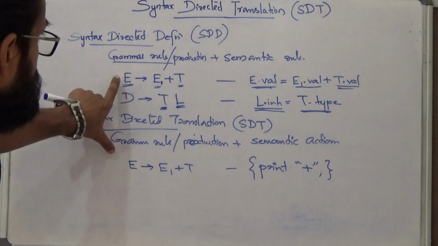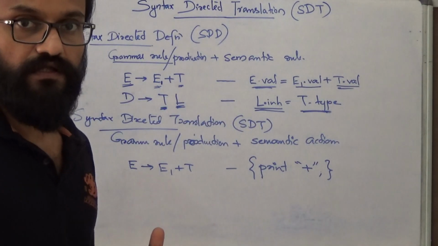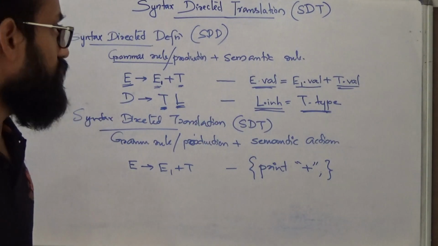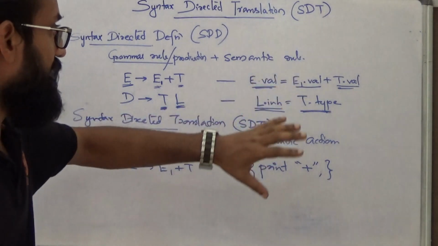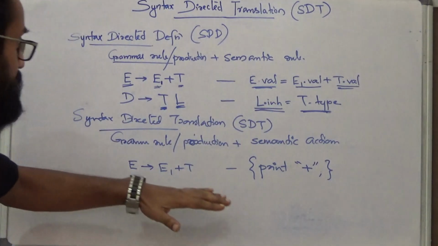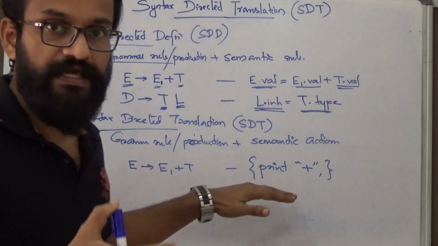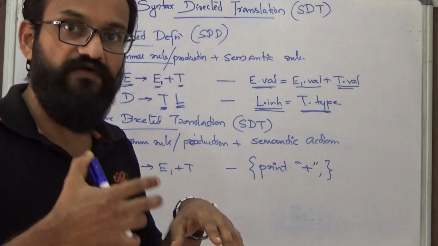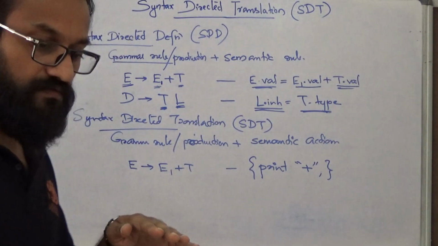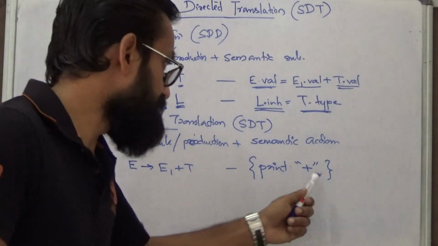What is the difference between these two? In this case, you have just a semantic rule. While processing the parse tree or the syntax tree, you are not going to perform any specific semantic action. You have to validate the parse tree with the help of the semantic rule. But in the case of syntax directed translation, associated to each production, you will have a sequence, in the sense one or more semantic actions. That set of semantic actions will be separated with the delimiting symbol semicolon.